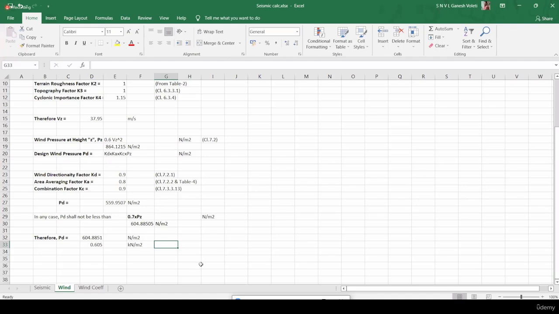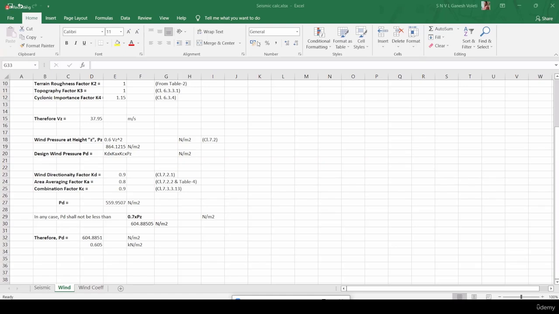Any other thing? And are there some doubts? Difference between ordinary moment resisting frame and SMRF, which is nothing but special moment resisting frame. So ordinary moment resisting frame is nothing but the frame which allows some sway.